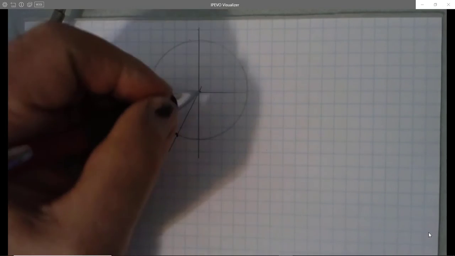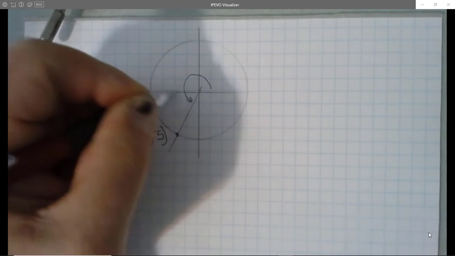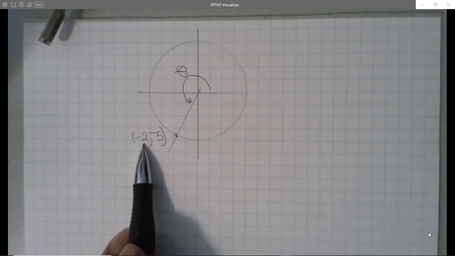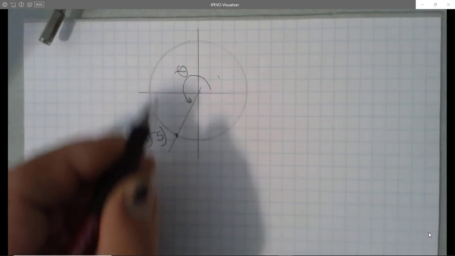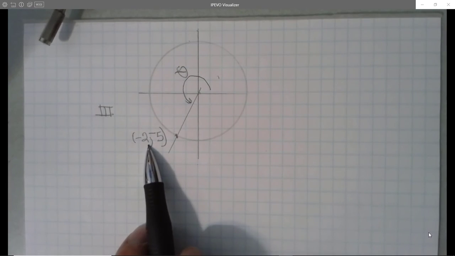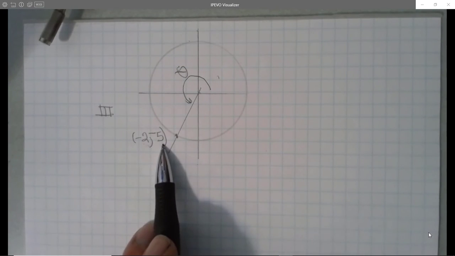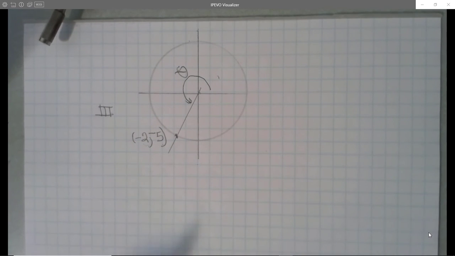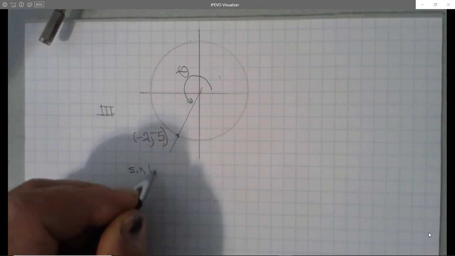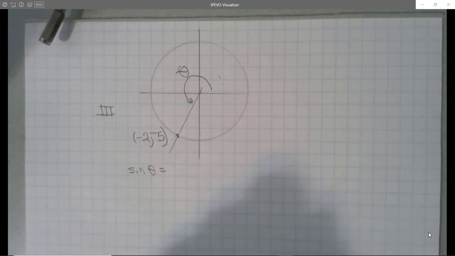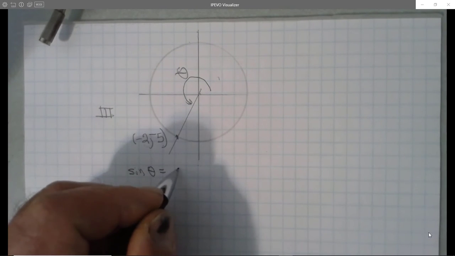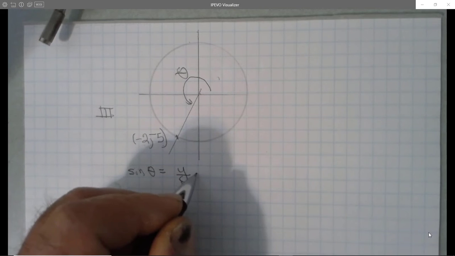So what if you now had an angle that's way around over here, so that we actually got some negatives in our x and y coordinates? In this particular case, we're in the third quadrant, and that gives us both a negative x and a negative y. So what is the sine, what's the cosine, etc.? Well, the sine of theta is, as usual, going to be the y-coordinate over the radius of the circle.